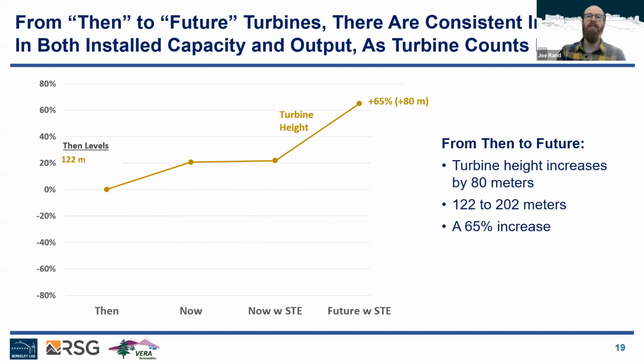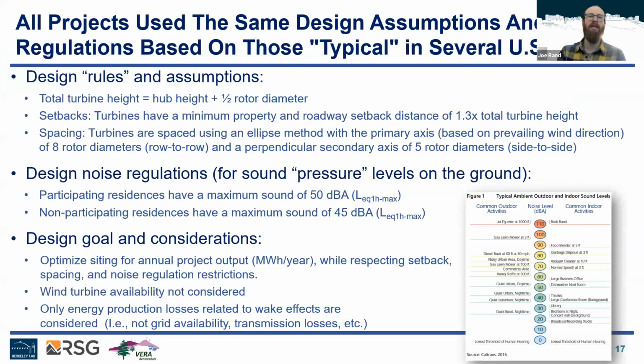And part B, when we think about the way in which we developed these sites and optimized them to maximize annual energy output, was that applied to the then scenario equally as it was in the now and future? And also, is it possible that that is suboptimal from a developer's financial perspective?